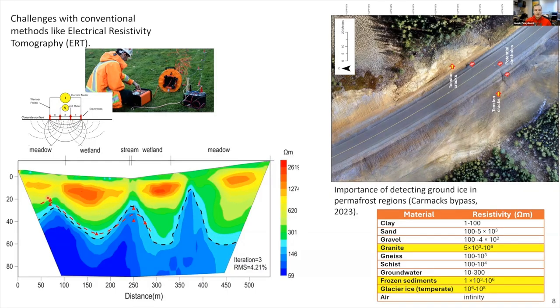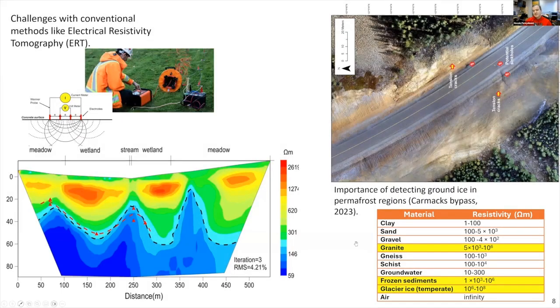For example, you can see we have higher resistivity values, which shows we have something like ground ice here, and then the resistivity gets to lower values, which shows it starts thawing or melting.